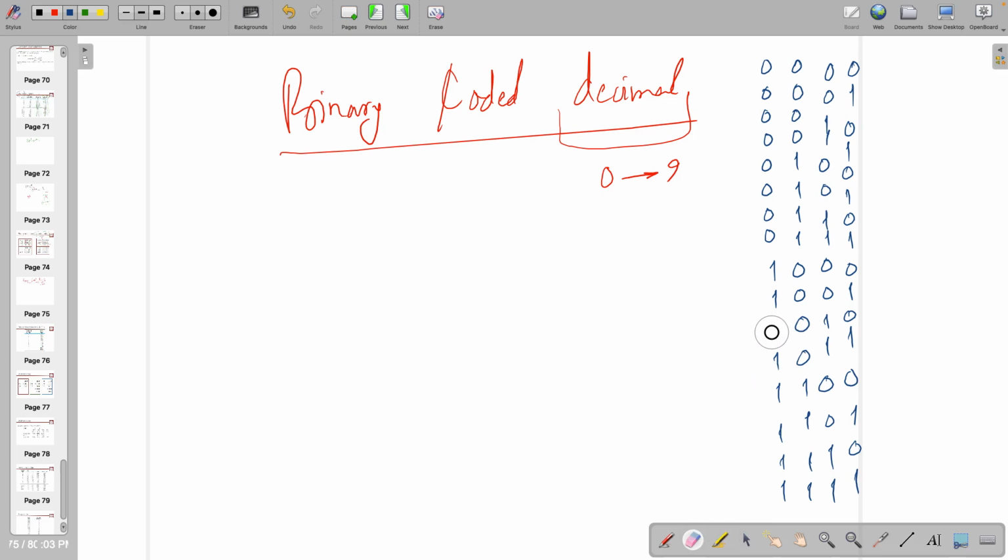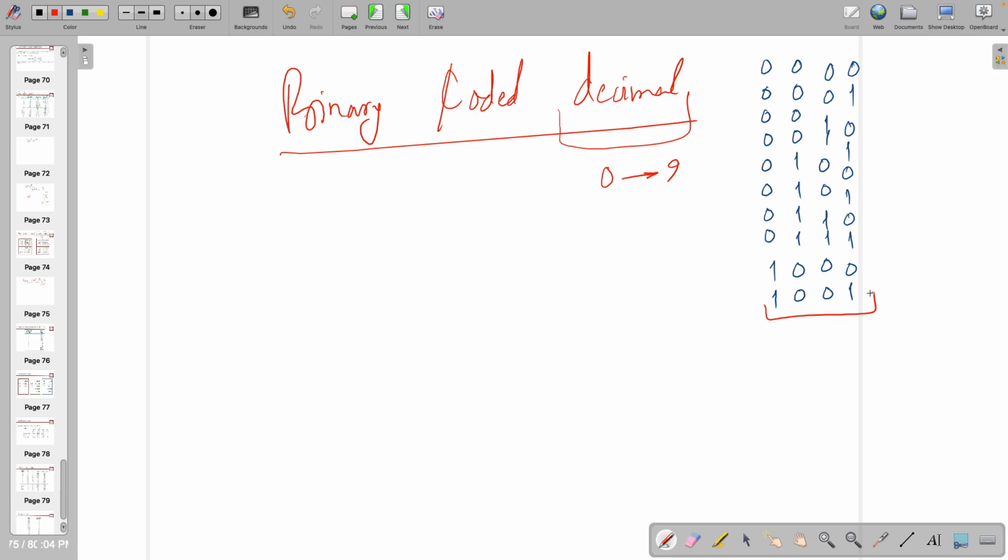So 0 to 9 is possible from this point to this point, right? Any doubt? So 0 to 9, you can write it like this.